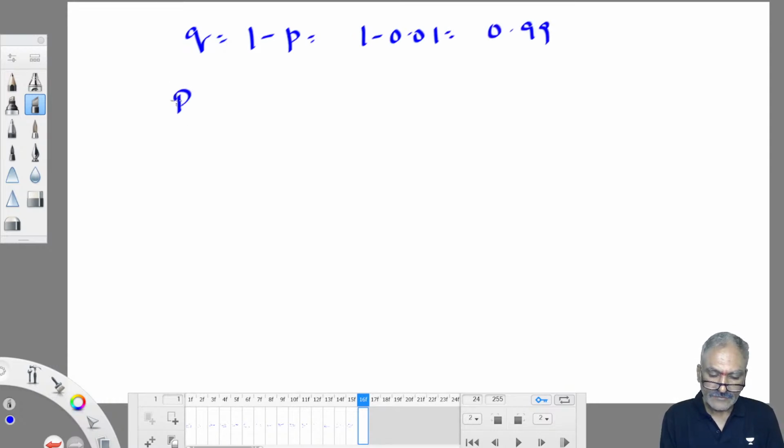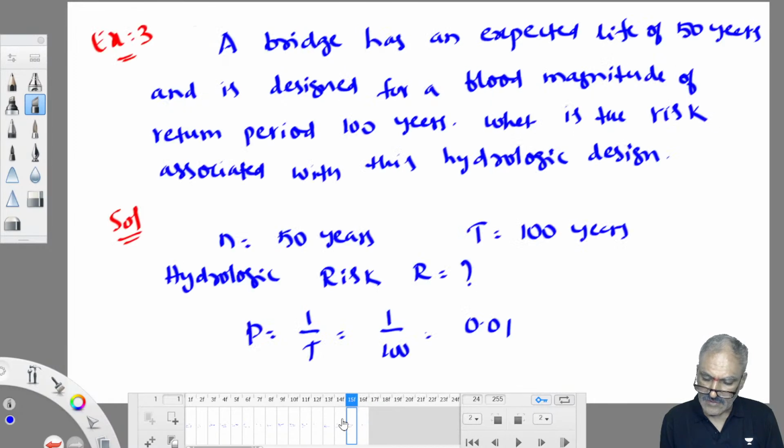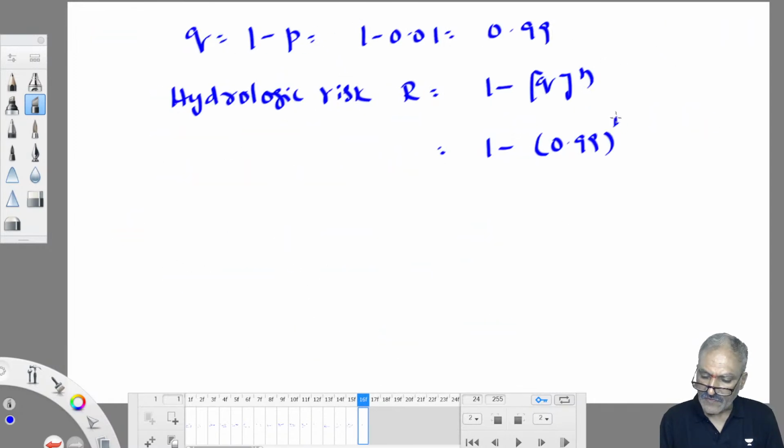Then hydrologic risk is equal to 1 minus Q to the power n, that is 1 minus 0.99 to the power 50, the expected life of 50 years.